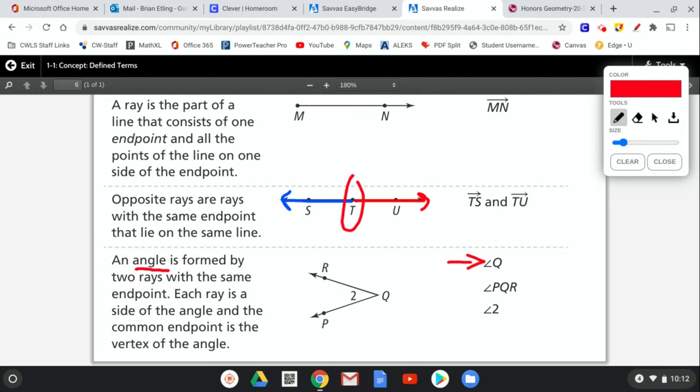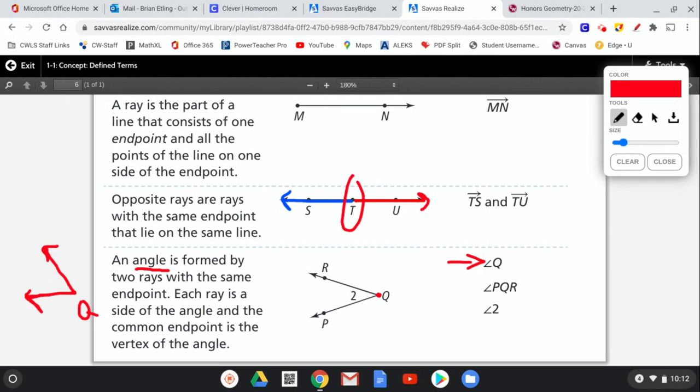If you look here, Q is what we call the vertex of the angle. It's where the angle starts. So it starts at point Q, and then it goes out in either direction. That's why we put those arrows, it goes out to infinity in either direction.